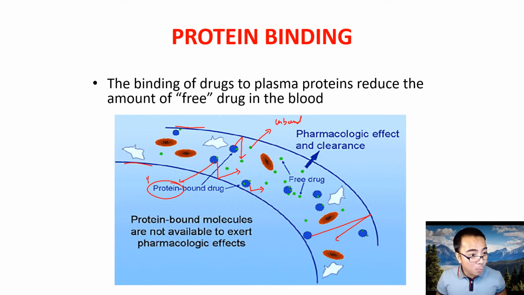Okay, that's the reason why, class, phenytoin is a drug that is 90% protein bound. Whenever we give dosing here, class, for phenytoin, usually we give a high loading dose but a minimal maintenance dose. Why? High loading dose kasi alam kong 90% of this drug will be bound, so I need to have a little bit of excess so that it can exist in its unbound state and be able to produce an effect. Now, mababa ang maintenance dose ng phenytoin simply because we know that some of the drugs have been protein bound and it will be released after a given period of time.